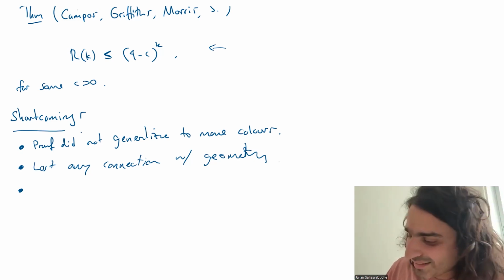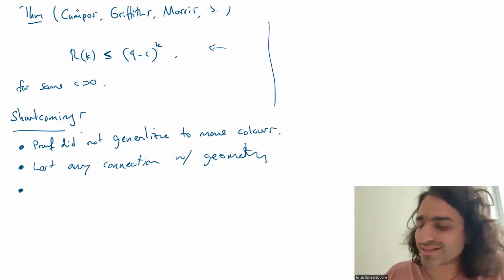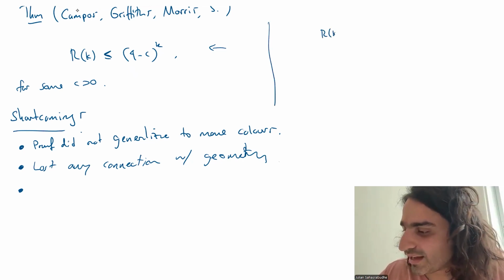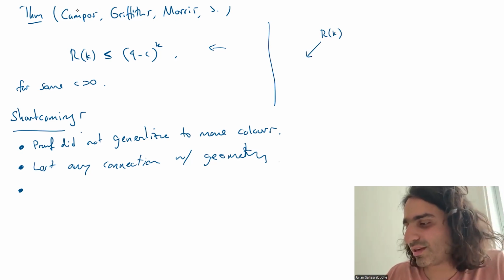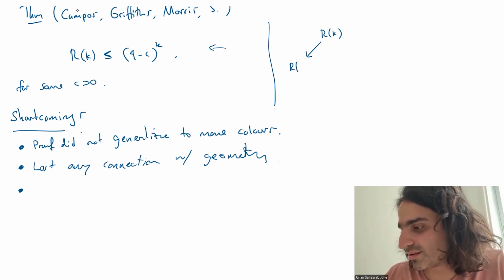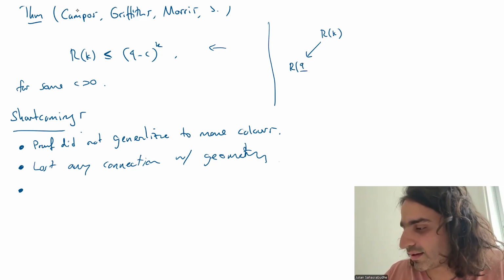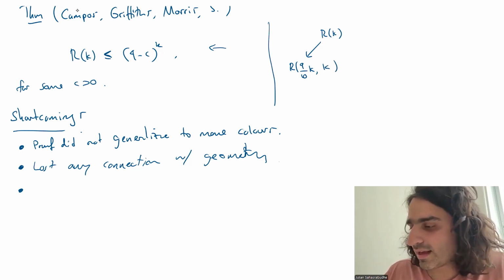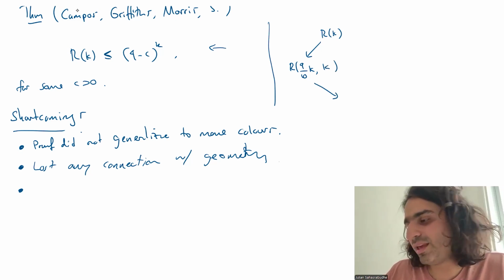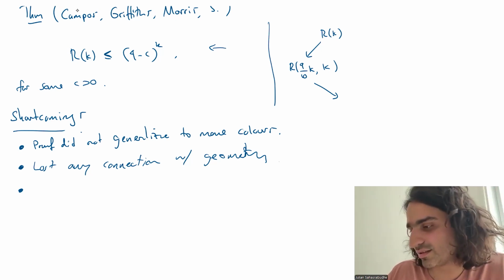Just to make the case against us, what we did is we started from the diagonal Ramsey numbers, R(k), and then we related this to the off-diagonal Ramsey numbers, something like R(9/10 k, k), and then got from these off diagonals to victory.